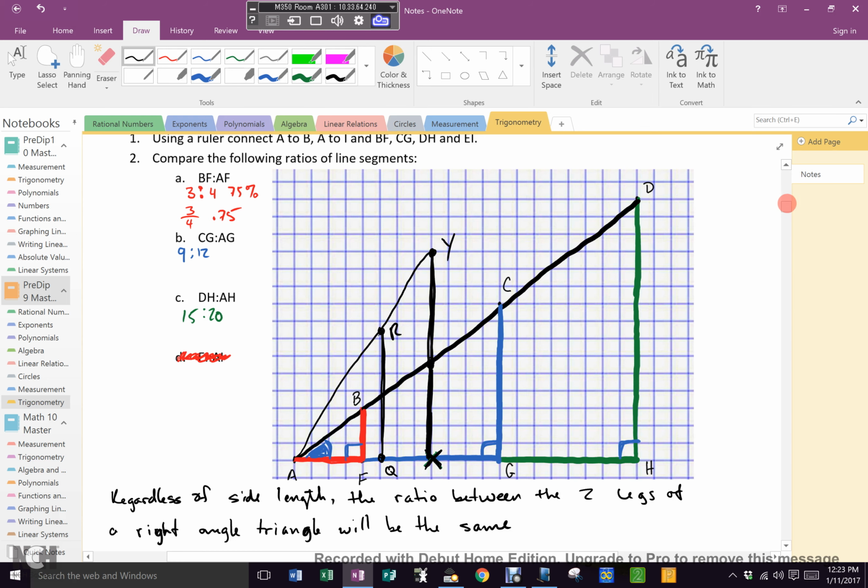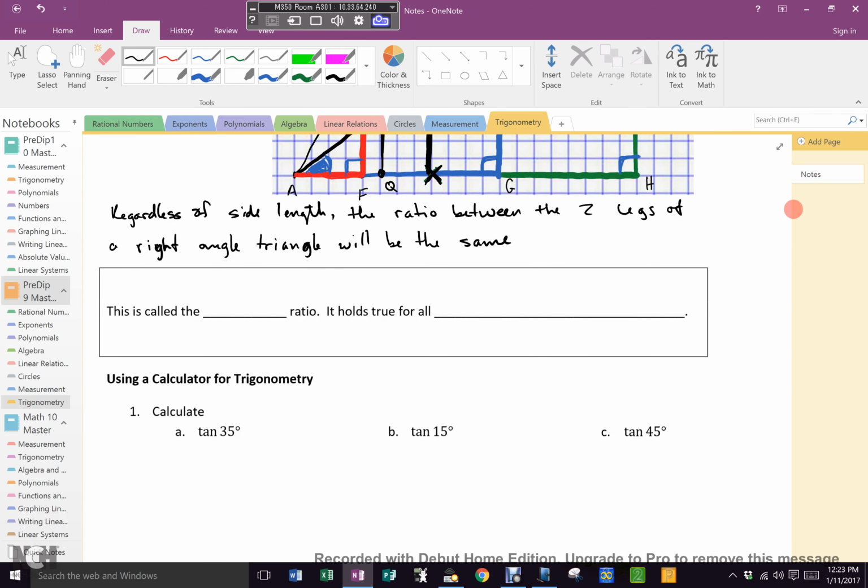So, let's see if we can do this. This is called the tangent ratio. Please, please, please have that word memorized. It is true for all right angle triangles. And all it says is this.